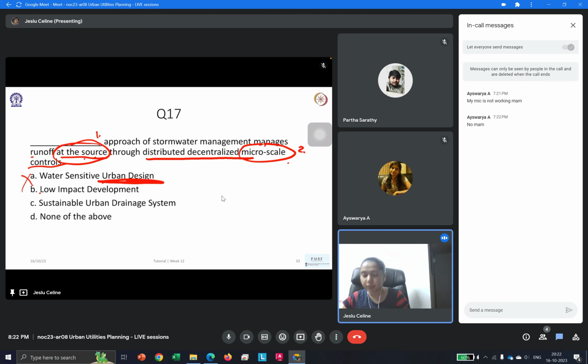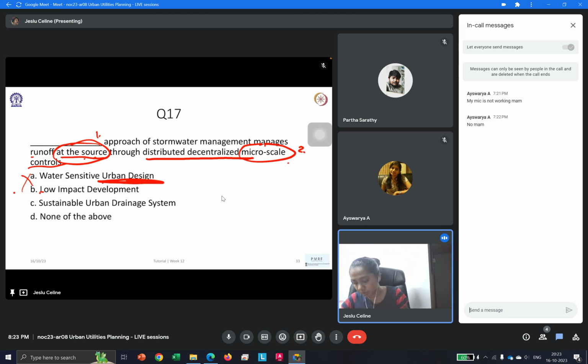Low impact development means that because of the development, whatever you're developing, you do it so that you can manage the stormwater better. You don't create completely concrete surfaces and then create flooding. Whatever small developments you're doing, you do in a very conscious way so that water management becomes efficient later. So yes, it is low impact development.